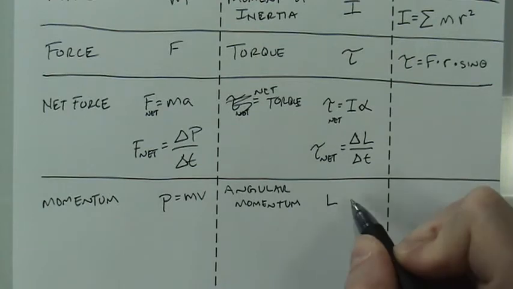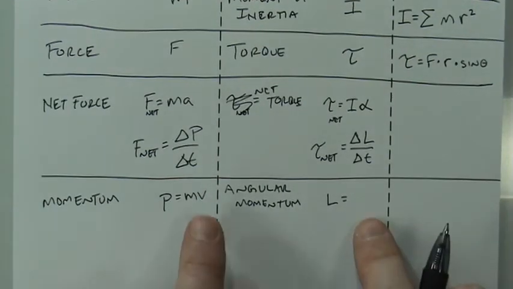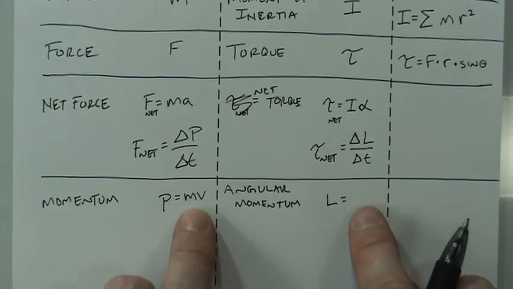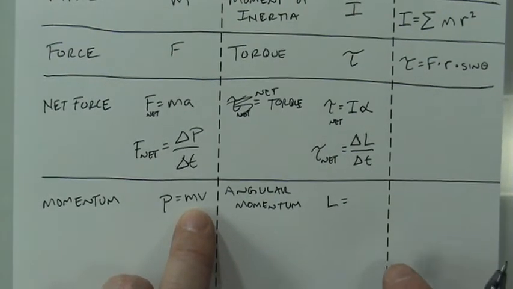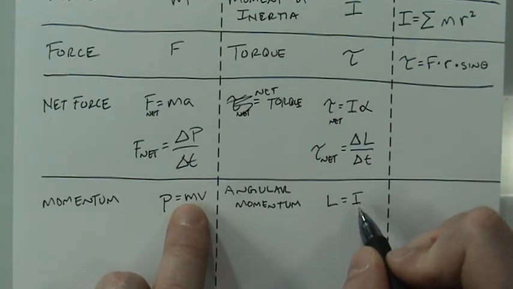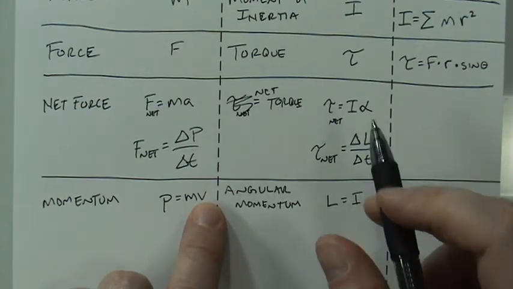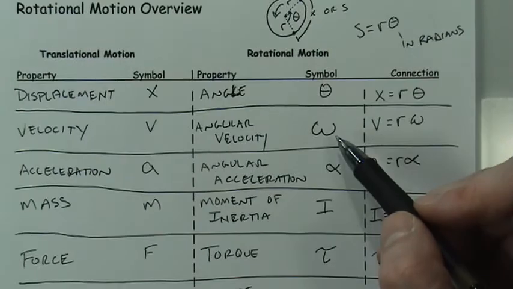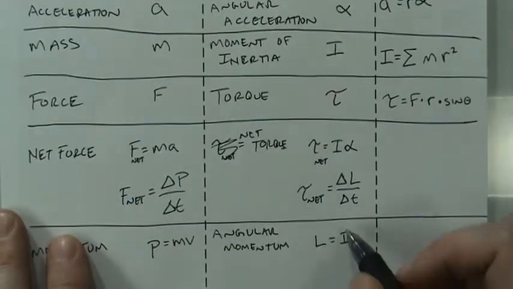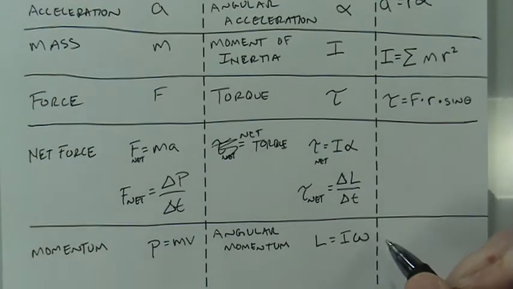The symbol for that is capital L. And then again, all we need to do is to translate the translational motion into the equivalent properties in angular or in rotational motion. So the equivalent property for m is I, and the equivalent property for velocity would be angular velocity. So that is going to be omega.